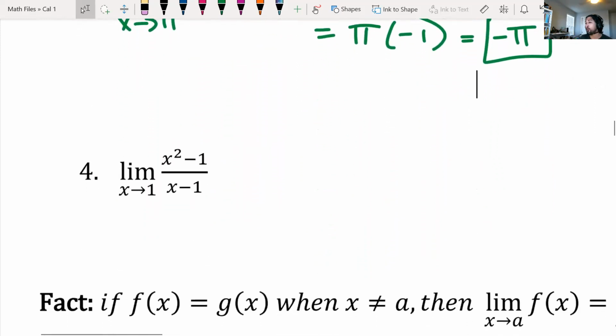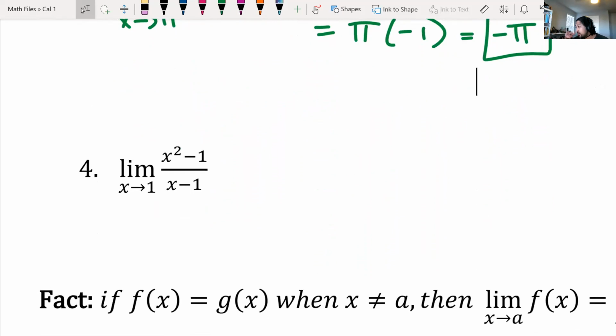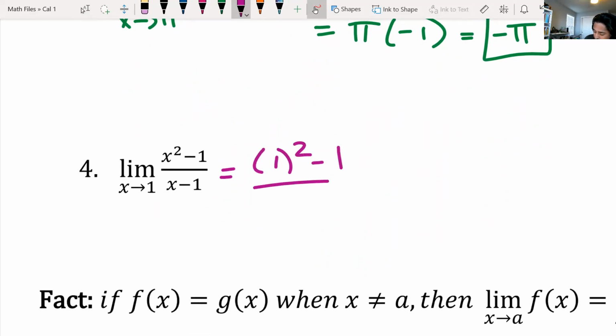So number 4, let's go ahead and use that same process. You have the limit as x approaches 1 of x squared minus 1 over x minus 1. And what number are we going to plug in for x? 1. So let's go ahead and plug 1 in for x. And what is going to happen here?